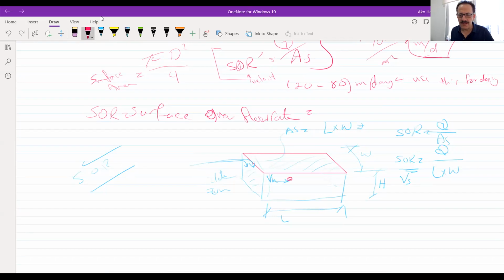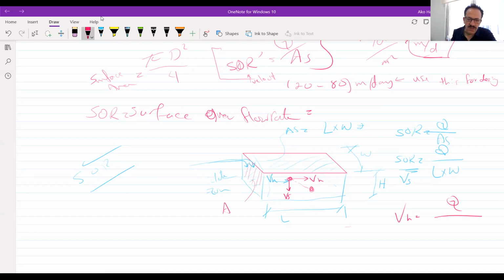Any particle is going to settle and find itself down by the effect of gravity. So this is Vs, and there will be a V horizontal. The horizontal velocity will be Q divided by this area.